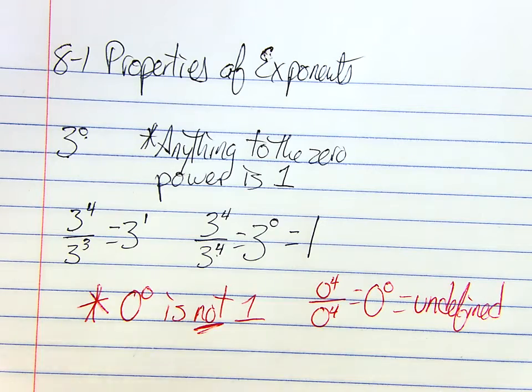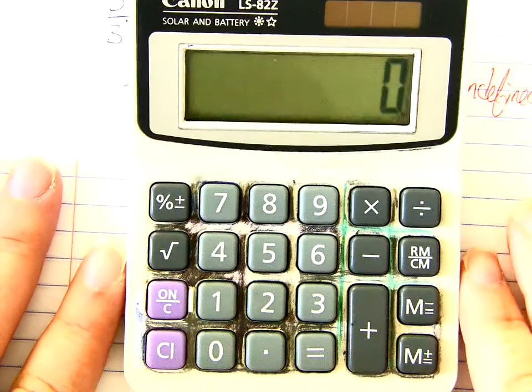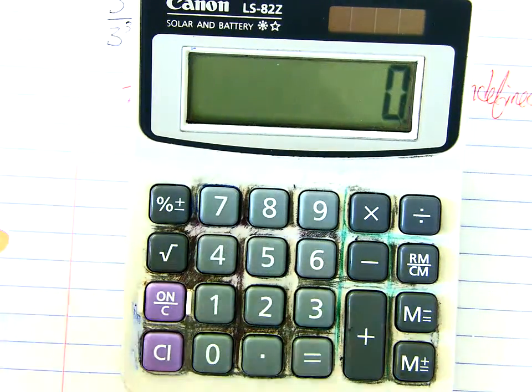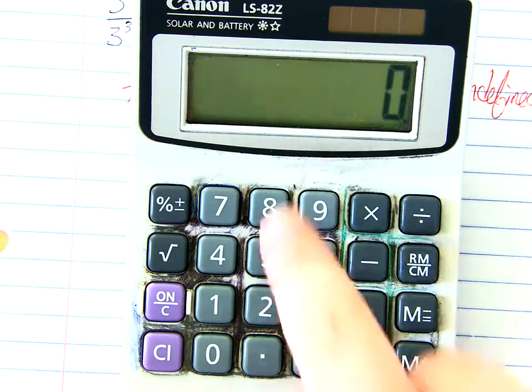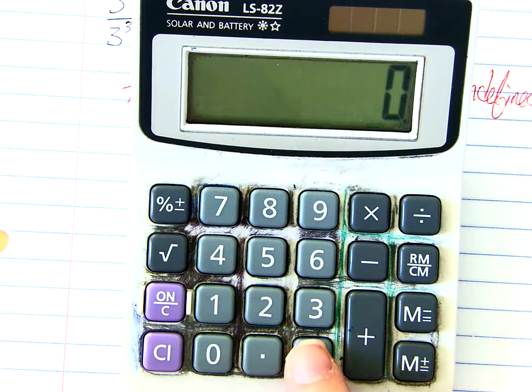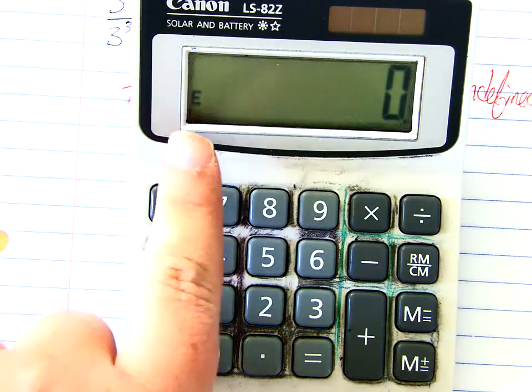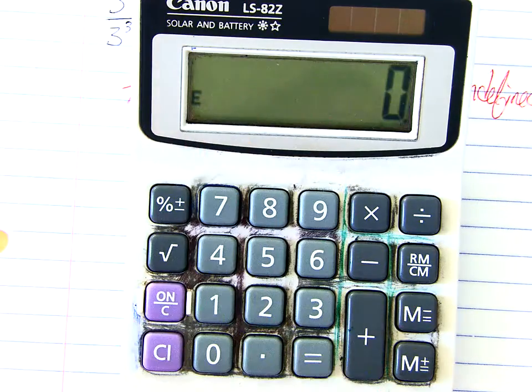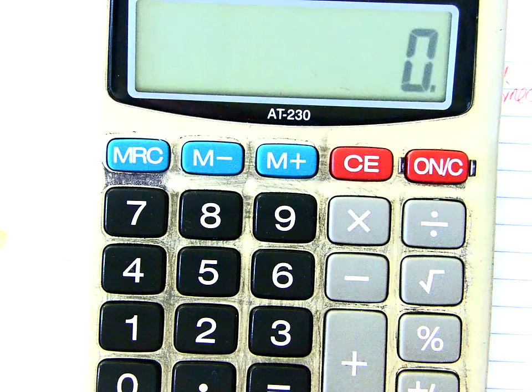But I just want to show you really quick. If you try to on a calculator, so here's just one of our normal 4 functions. If I try and do 8 divided by 0, don't worry, it won't explode. But look what does happen. What happened? Yeah, there's a little E that pops up over here. And every calculator is a little bit different. Here's another one of these AT&T ones.